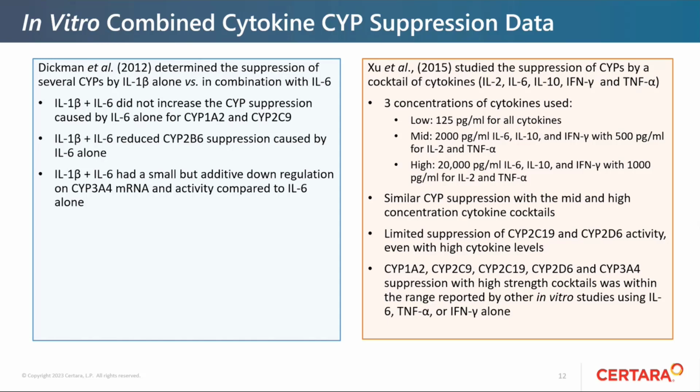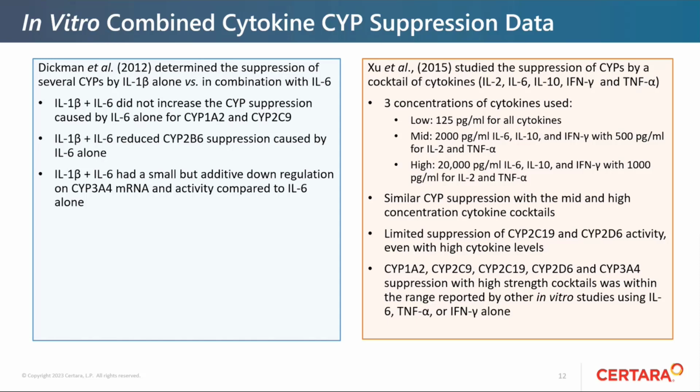What they found is that incubating IL-1 beta with IL-6 together did not really increase the CYP suppression caused by IL-6 alone for CYP1A2 and 2C9. They even saw a slightly reduced suppressive effect on 2B6, and they saw a small but additive downregulation of CYP3A4 mRNA activity compared to IL-6 alone.